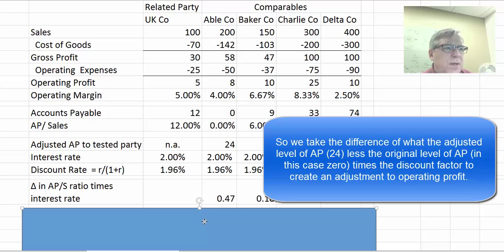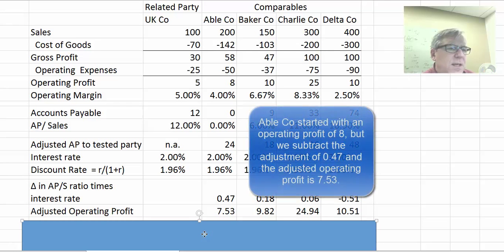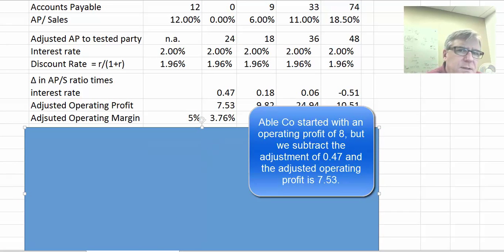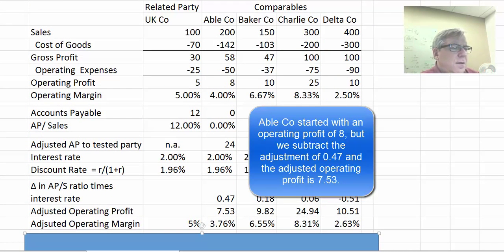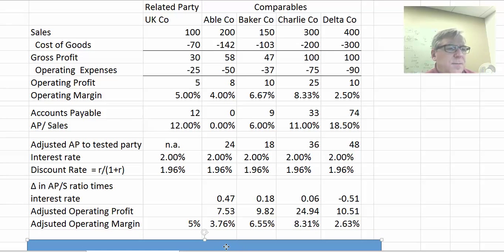We're going to multiply that times our discount rate. I think the line there says interest rate, but we'll fix that. And then that's going to be an adjustment to the operating profitability that we're going to need to make.